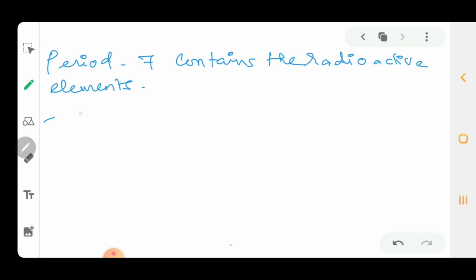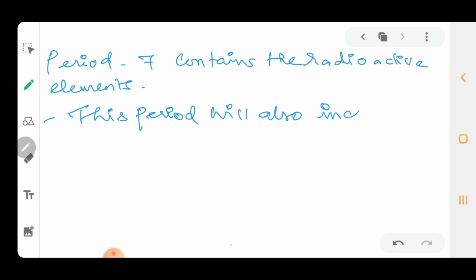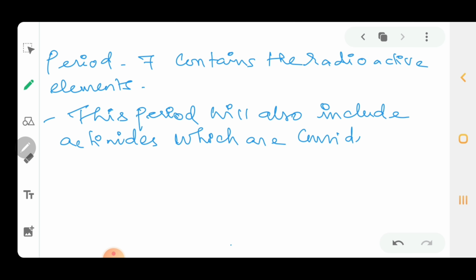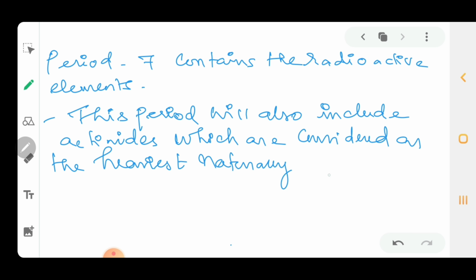Okay, and then if you see this period will also include actinides, which are considered as the heaviest naturally occurring elements.